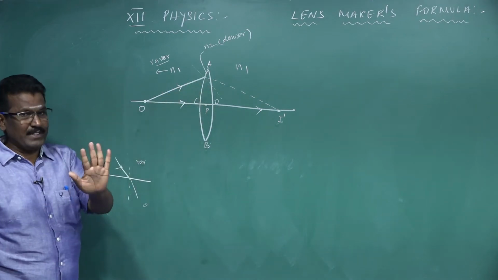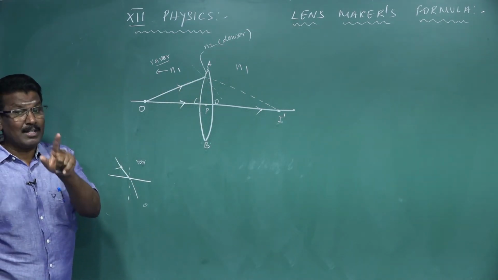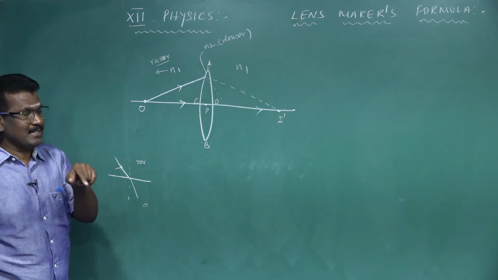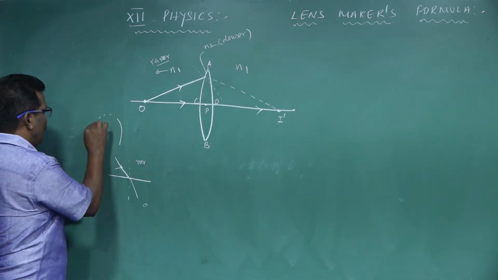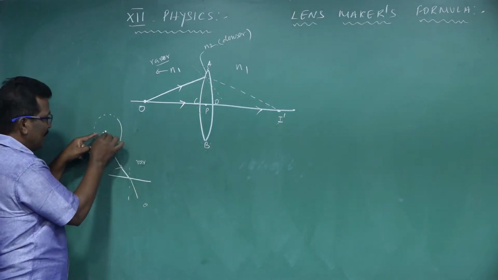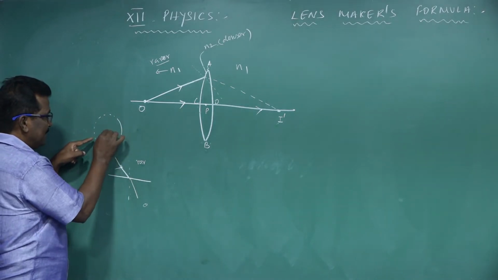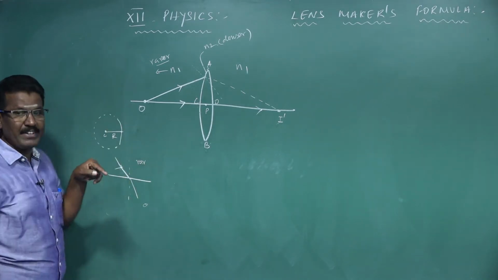So there are two surfaces. Every surface has a center of curvature and also a radius of curvature. What is the center of curvature? This is the surface, and this is the center of this spherical surface, C. The distance between the pole and the center of curvature is called the radius of curvature.